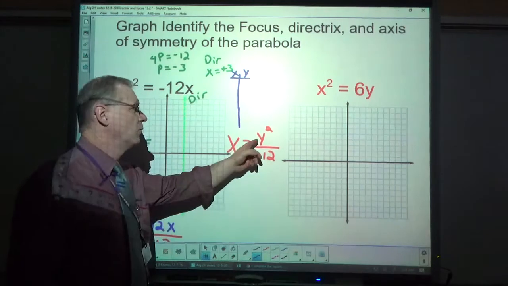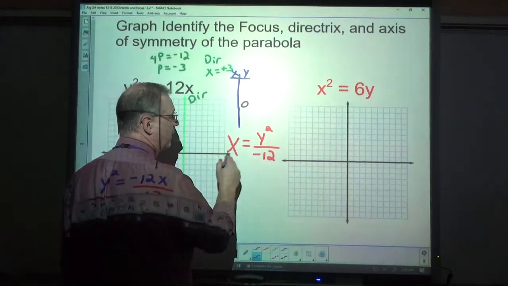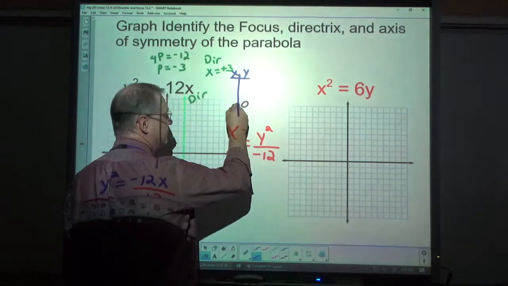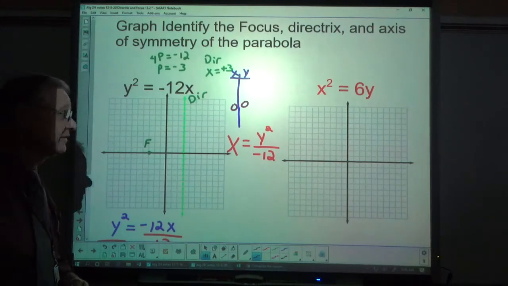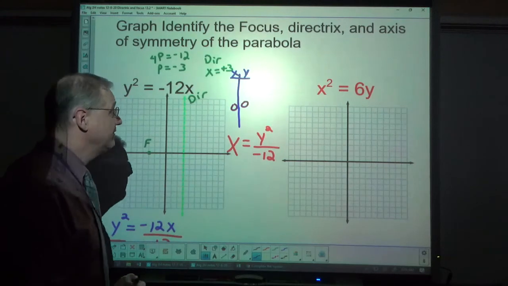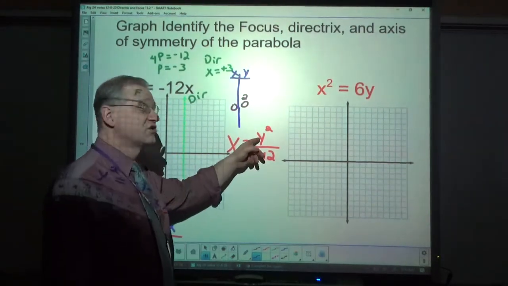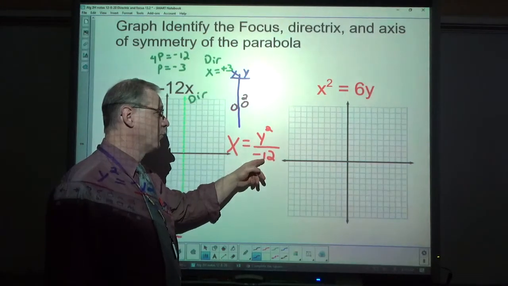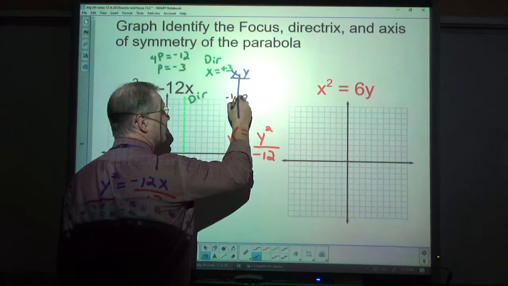So if I put 0 in here, 0 for y, that's going to make that 0. That one's not bad. If I try to put 1 in there, am I going to get an easy answer to graph? Heck no. It's going to be very difficult to graph. Even, say, 2. 2 squared is 4. 4 divided by negative 12 is a negative 1/3.